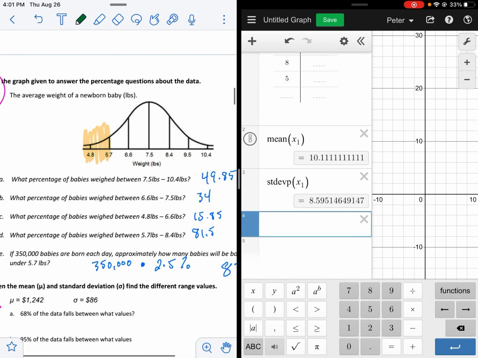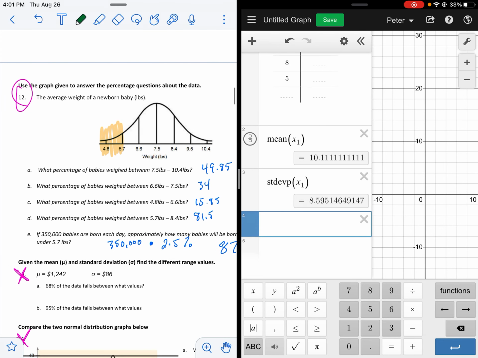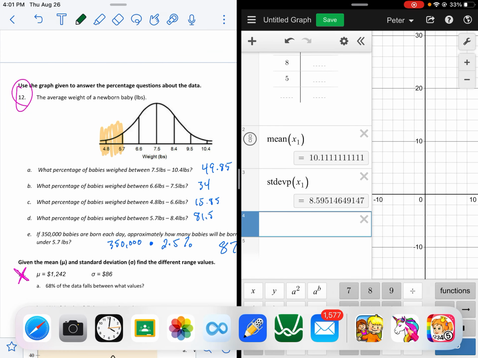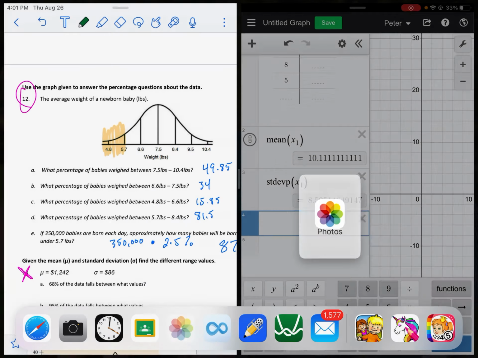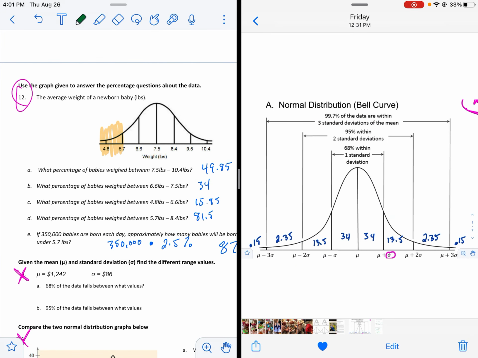Now what do you do with standard deviation? Number 12 talks about this mean curve. This is the chart you need.